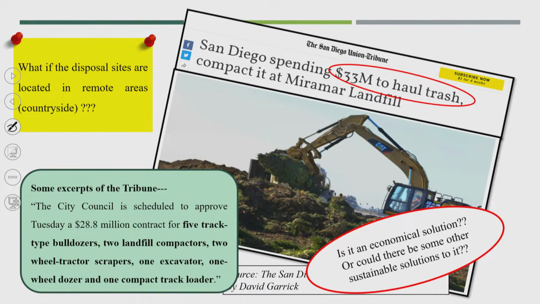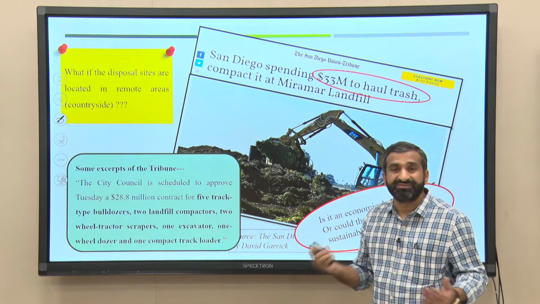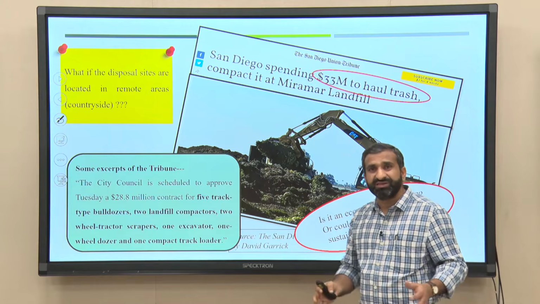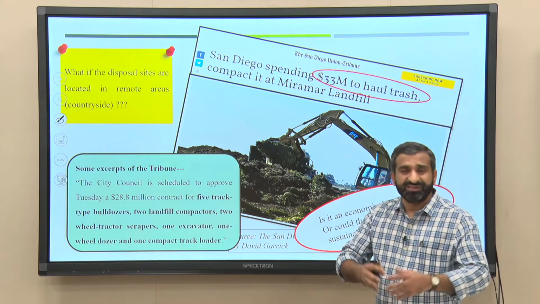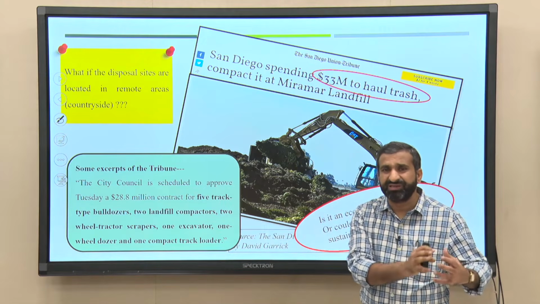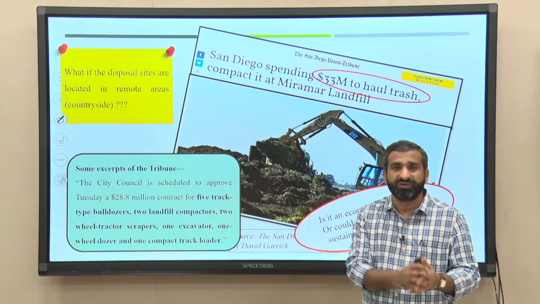So, what will be the economical solution for this? What solution can such cities finalize? Because now you see, in most cities of India also, most corporations started the disposal site very nearby, because their haul distance should be less and collection should be economical.